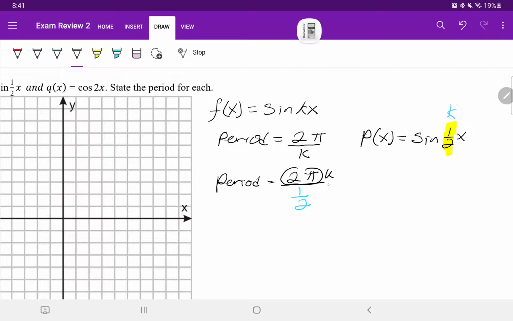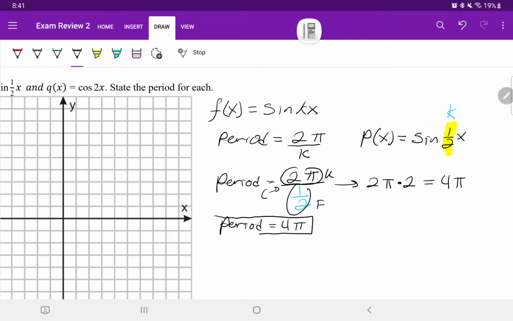Keep the top the same, which is 2 pi. Change the overall division to multiplication. Flip the second fraction, which gives 2. 2 pi times 2 is 4 pi. So the period is 4 pi. It's going to take a total of 4 pi for the trigonometric function to make one revolution.